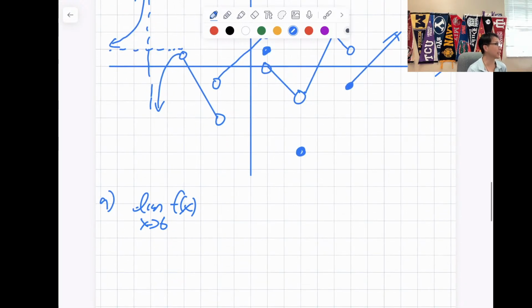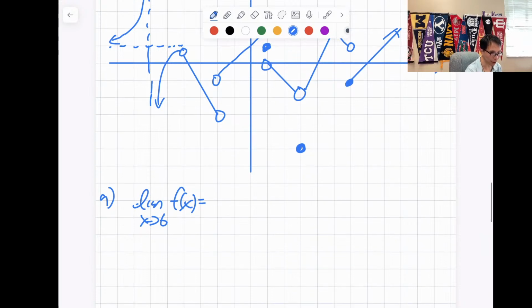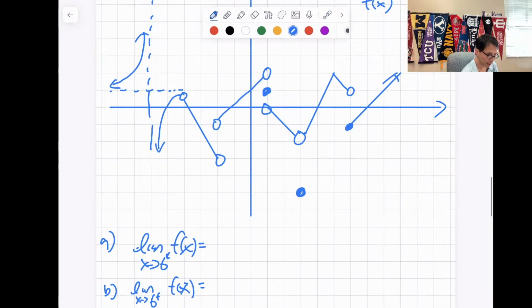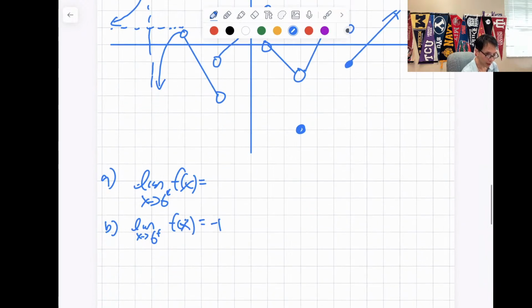So technically, I cannot answer this question until I find the other 2 parts, because the limit has to reach a single value. So you should always look at the limit as x approaches 6 from the positive side. What happens is the limit as x goes to 6 from the positive side is -1, because as you see, I'm going to -1. Does that make sense? This is -1, right?